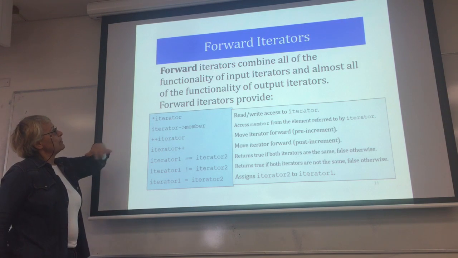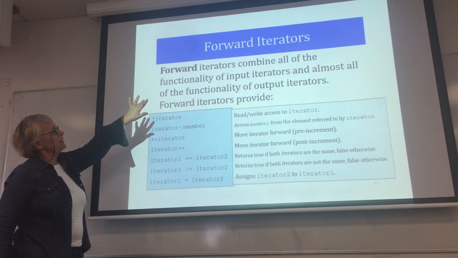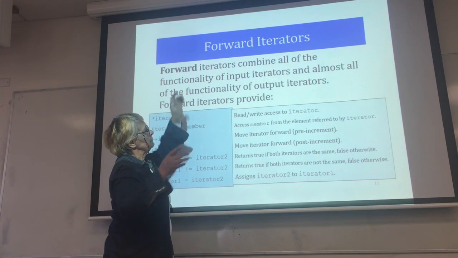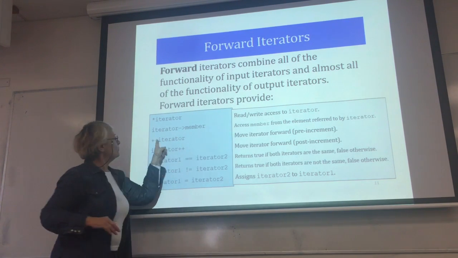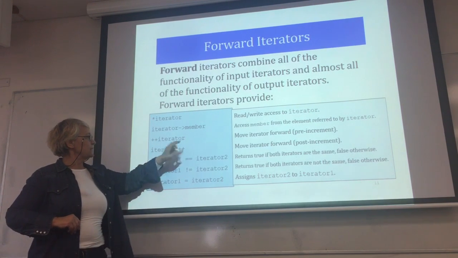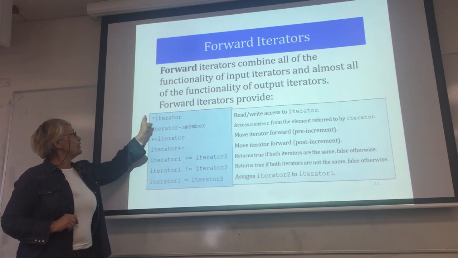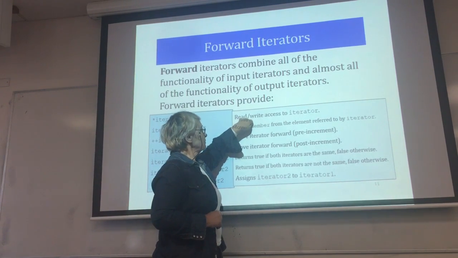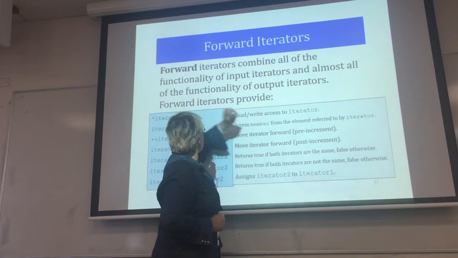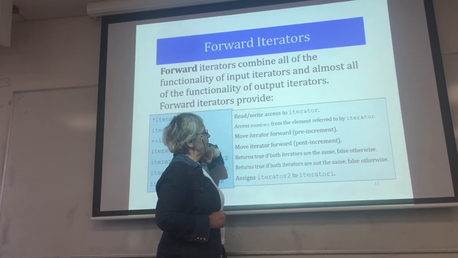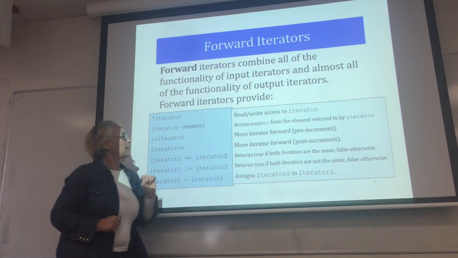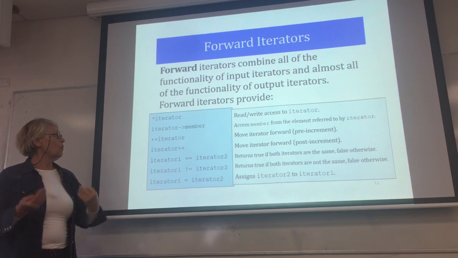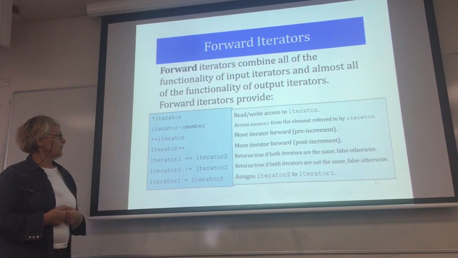Up on the hierarchy, we have the forward iterators, which can do input and output, but again, it moves only in one direction, as you can see, plus plus. And with dereferencing, you can read data, and you can write data through the dereference. So it's providing a little bit more power.